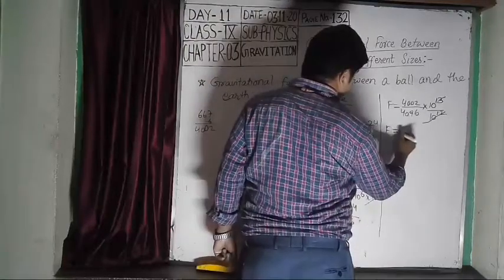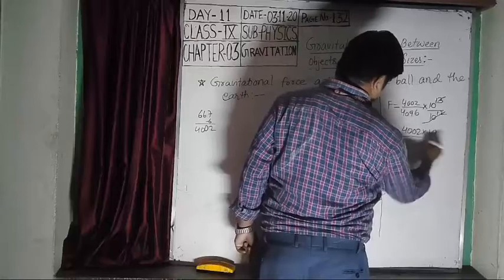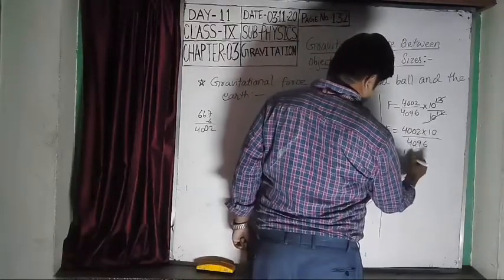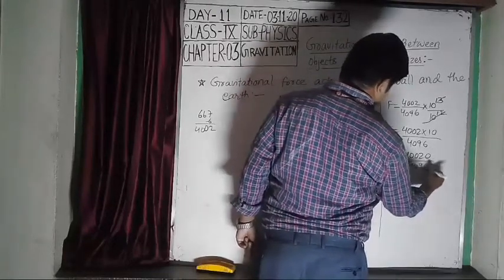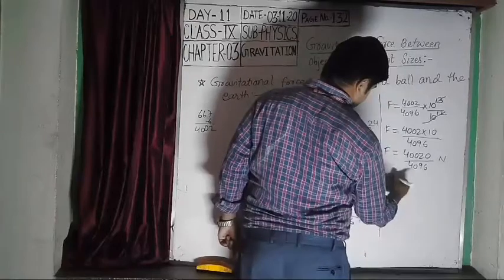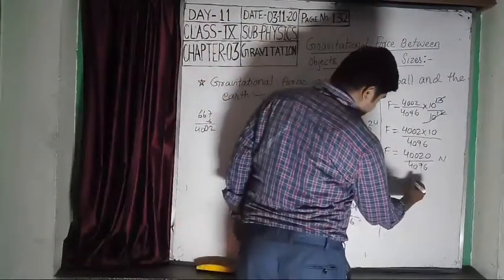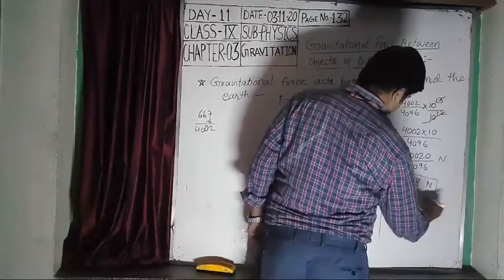Then F is equal to 4002 into 10 by 4096, so F is equal to 40020 by 4096 Newton. Now when you divide, you get 40020 by 4096 is equal to 9.8 Newton.